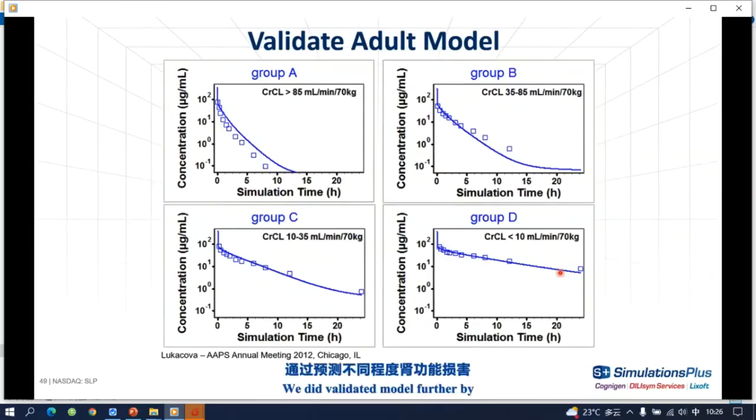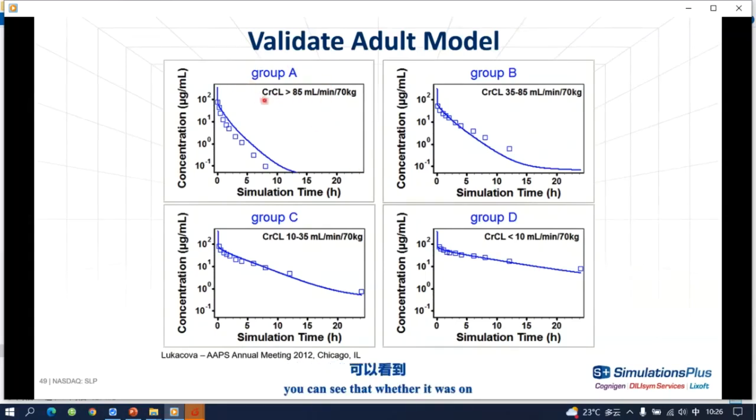We validated the model further by predicting PK in adult subjects with different degrees of renal impairment. The renal elimination is the major elimination pathway for this compound. So we wanted to make sure that before we use it to predict the pediatric data, that process is really captured well with this model.